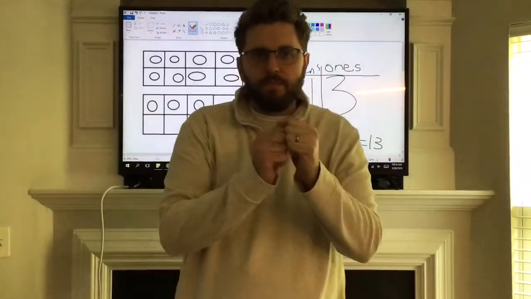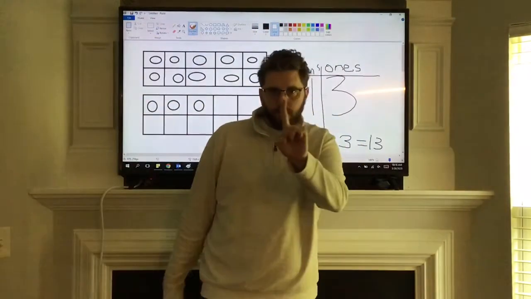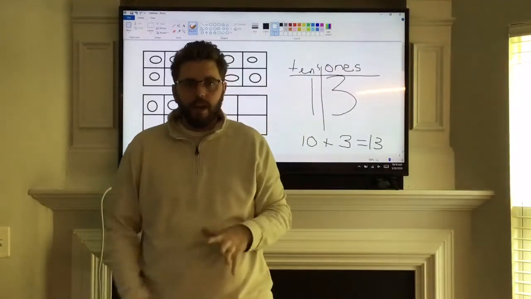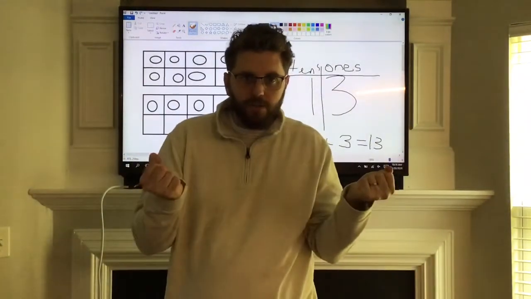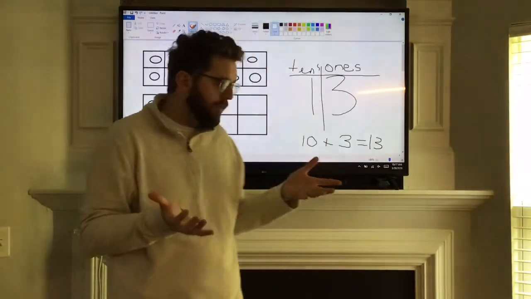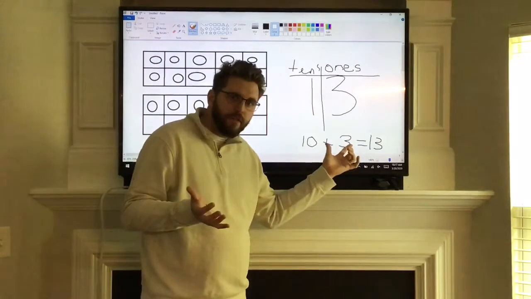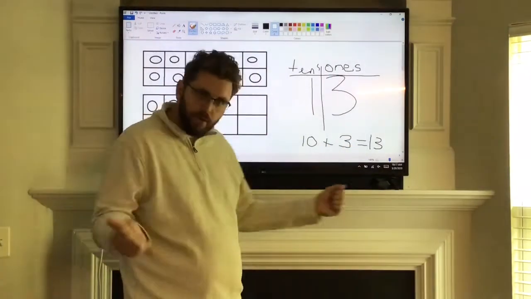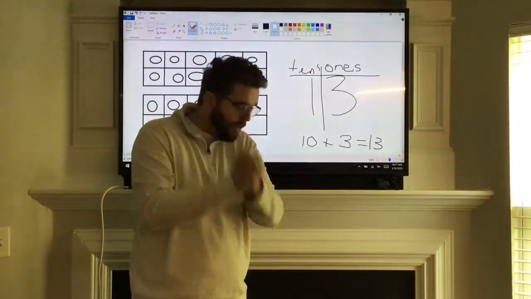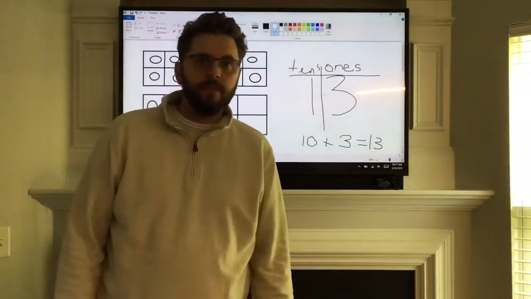All we did was break it down into 2 parts. We took one number, we had 13, and we broke it down into two parts, a part of 10 and a part of 3. Two parts, when you put those two parts back together, they equal 13, which is what we started off with.